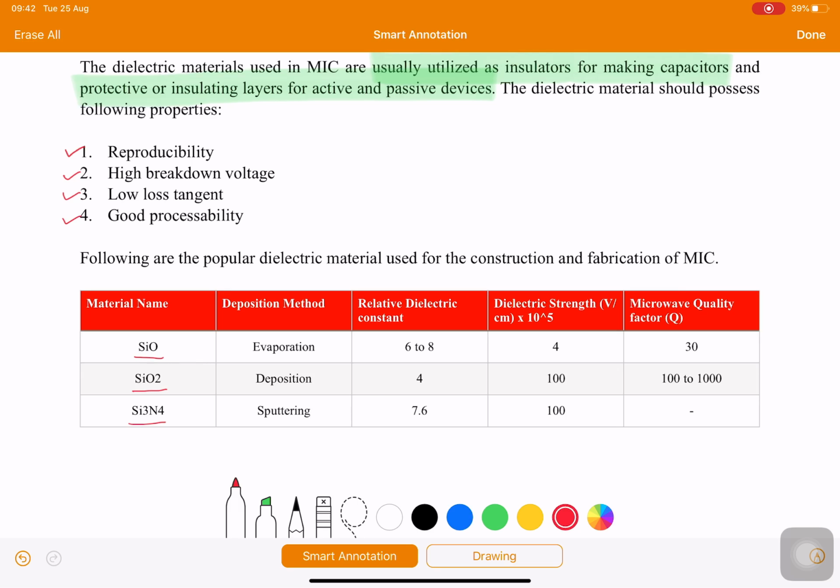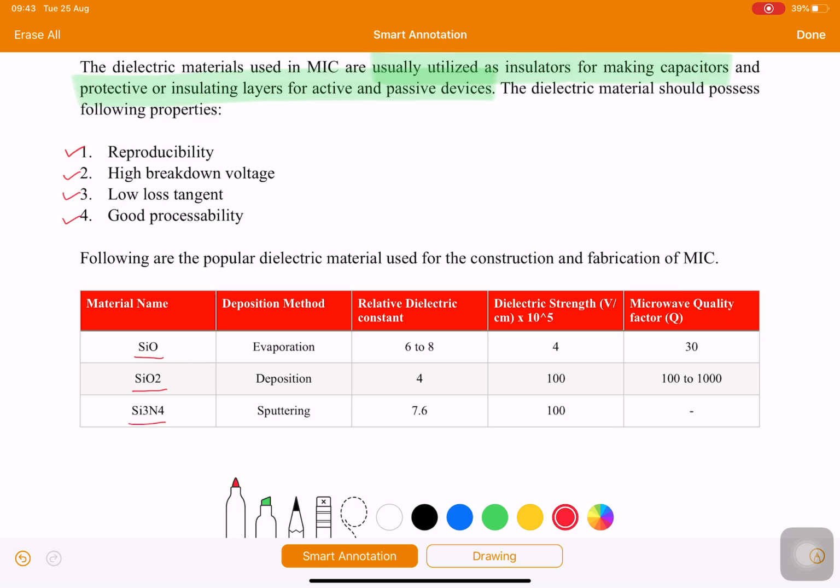In evaporation, as the name itself indicates, whatever dielectric material you want to deposit will get evaporated first. This dielectric material is evaporated over the substrate material, which is held where the microwave integrated circuit is present.